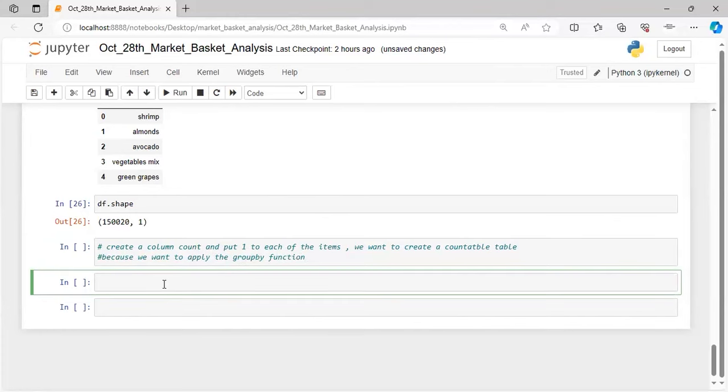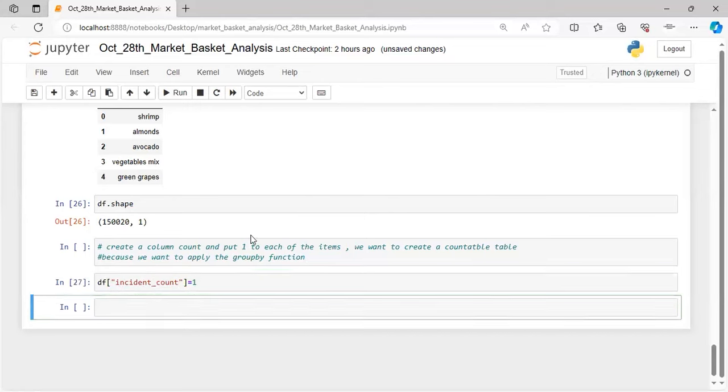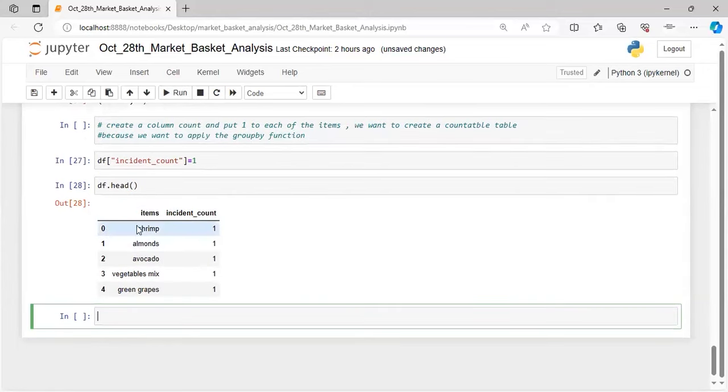So just create the data set, df of incident count equal to 1. A new column will appear here, 1 1 1 1 everywhere. Now we can check df.head. So all these items are there, and their values are there.